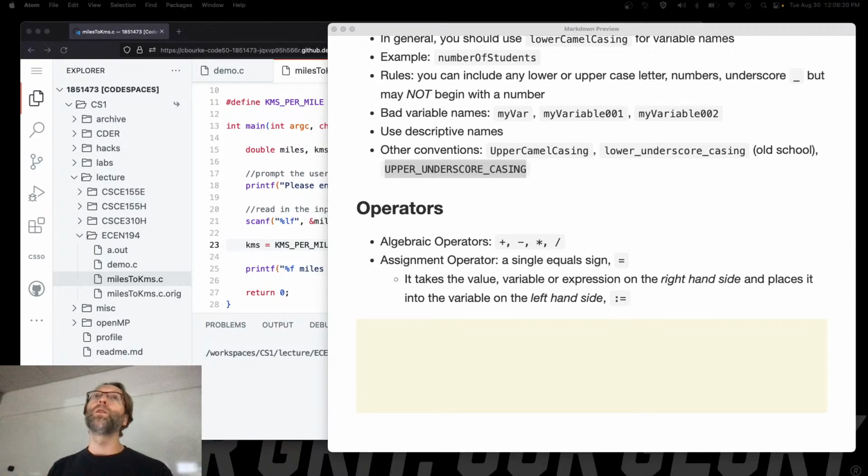They don't want to confuse people with an algebraic expression. Haskell uses a left arrow, which is very descriptive of what it means. Take the thing on the right and put it into the thing on the left. That's the arrow going that way. But C and most programming languages still use the single equal sign for their assignment operator.